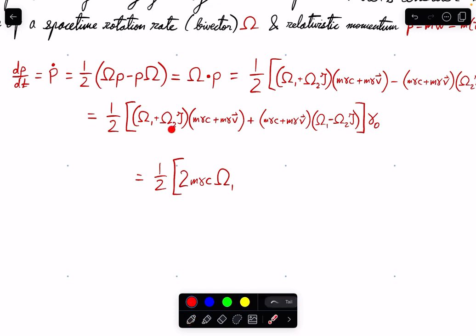Then you're going to have omega 1 times this, and then this times omega 1, so you end up with omega 1 m gamma v, which you can then pull out this m gamma.